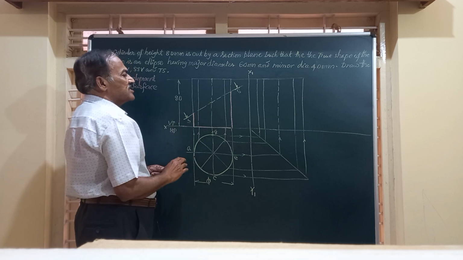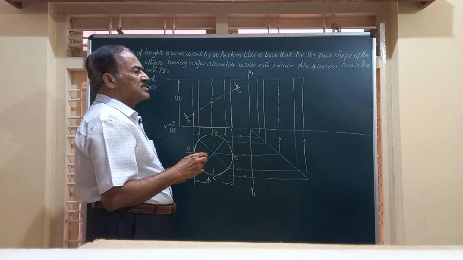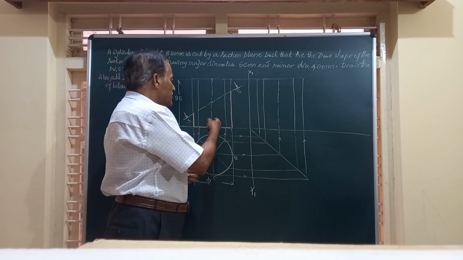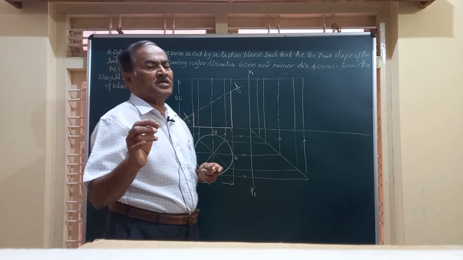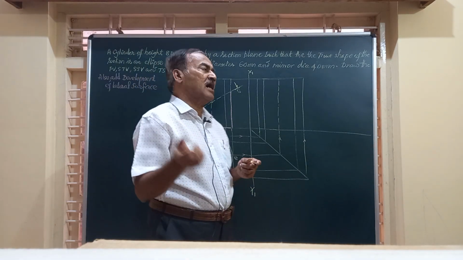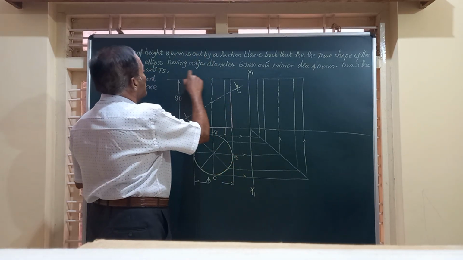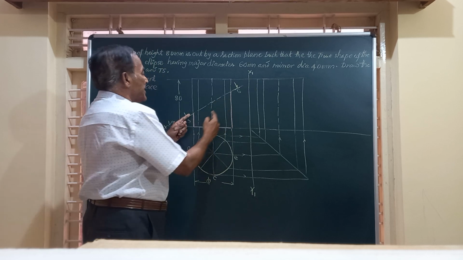In all these cases, you observe that the dimension perpendicular to the board, that is the dimension CG, is going to be the diameter. Or in other words, we have this ellipse having 60 mm dia.